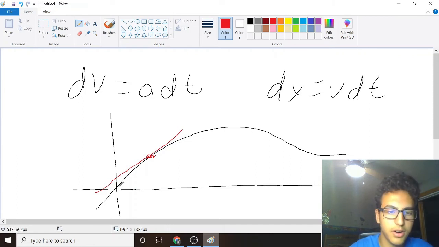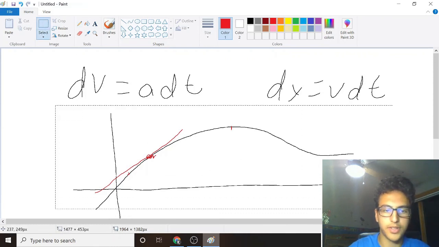If you start here, or you start at some initial time, and you keep adding up those small changes until some final time, you'll notice that you'll get this total change, okay? You'll get the total change over that period of time.